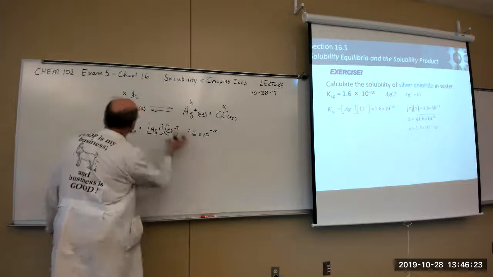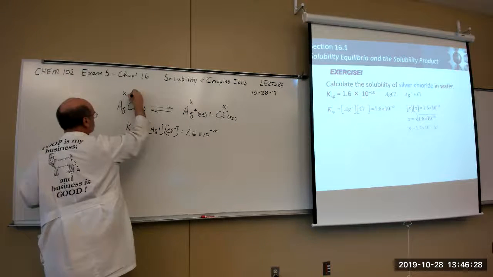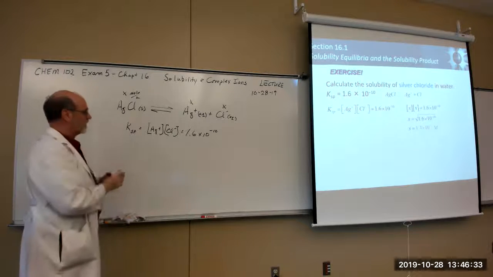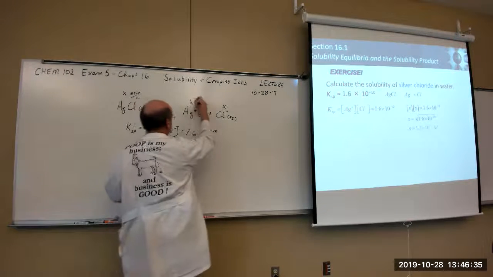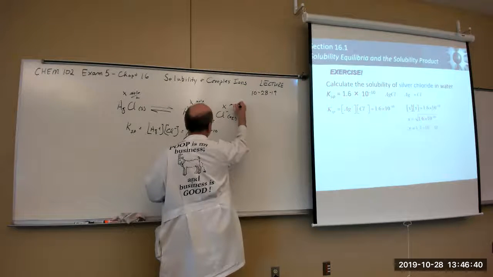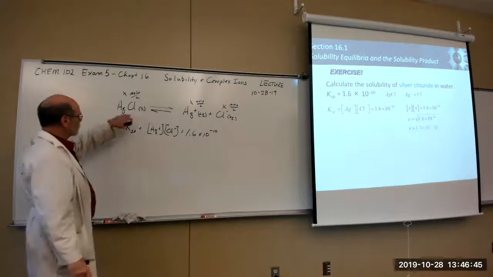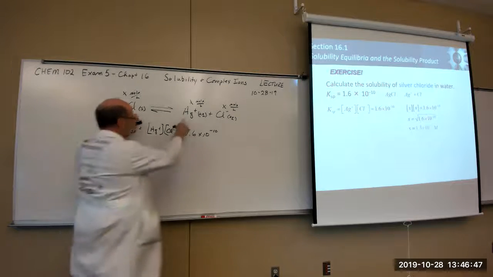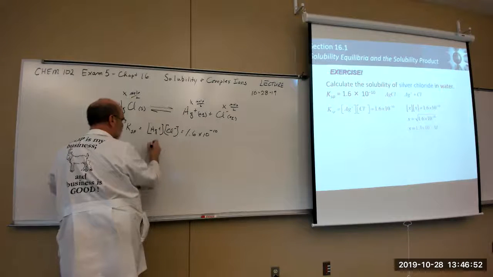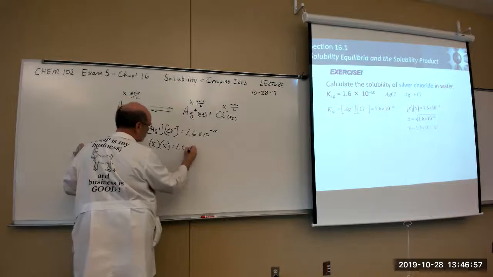Or the solubility could be, actually it's more useful to say the solubility in moles per liter. Right. Then we can say this is so many moles per liter, and this is so many moles per liter. Okay. So the solubility being X, and each one of these being X, we can substitute those into this expression as X times X equals that.